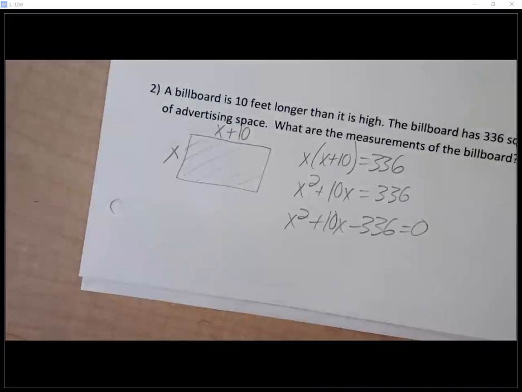Again, I'm probably going to have to adjust my window. If you hit graph, let's see what we see. Oh, I don't even see mine.